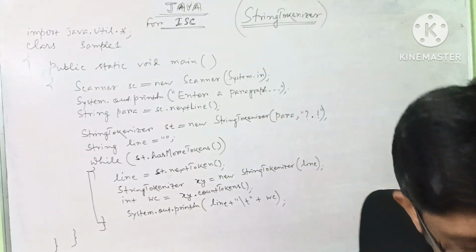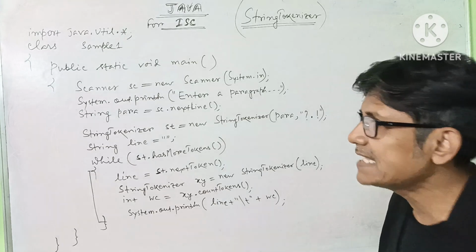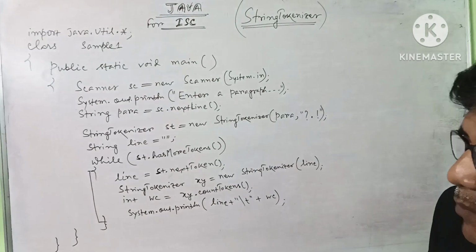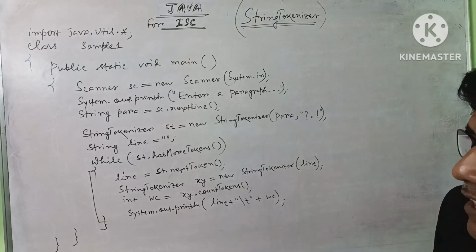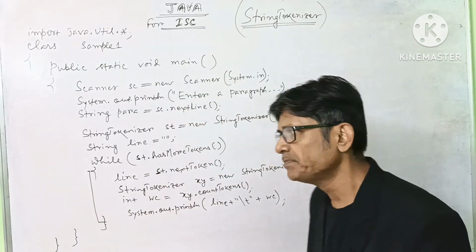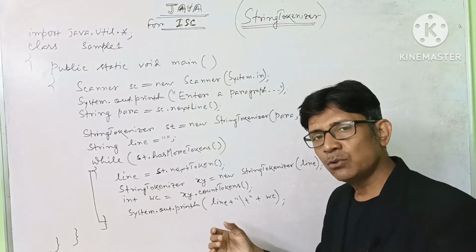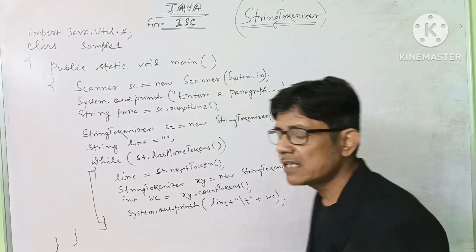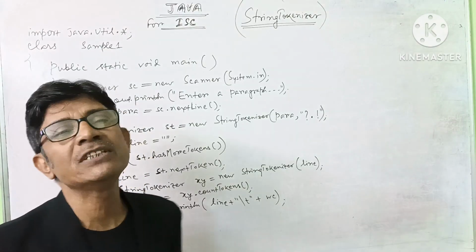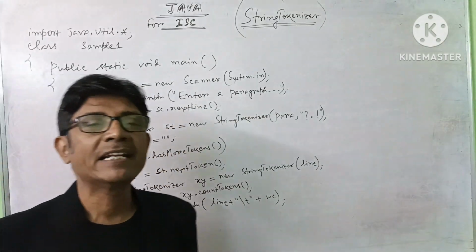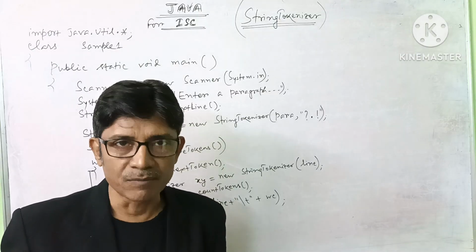So how to use the string tokenizer, maybe you all know. Once again I am revising. Please check it properly. I will show you on the board as well as on the computer. I want to tell you in very short, so please try to understand. Suppose sometimes you are working with a paragraph. Maybe in your program it is given, enter a paragraph, then you do some work from there.